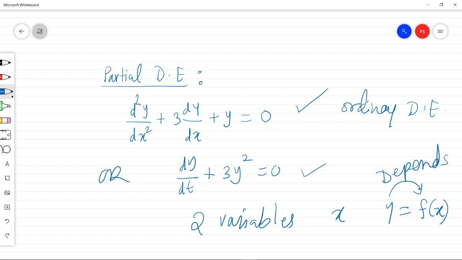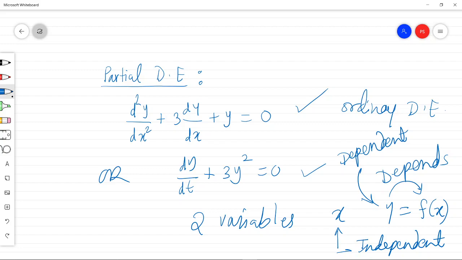So we call this x the independent variable, and this y, since it depends upon x, we call it the dependent variable.